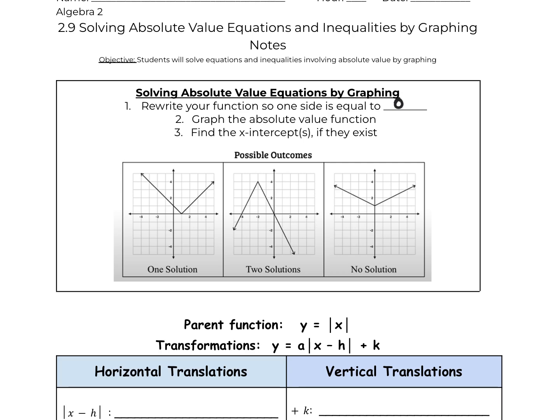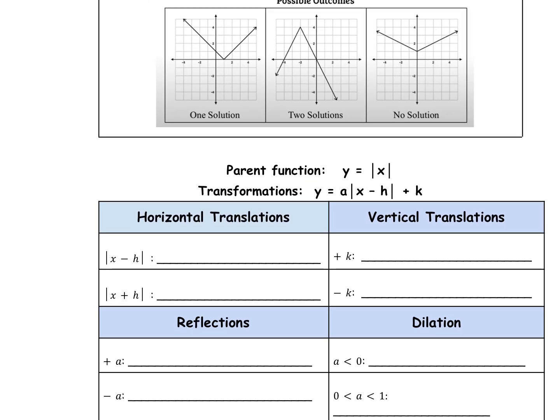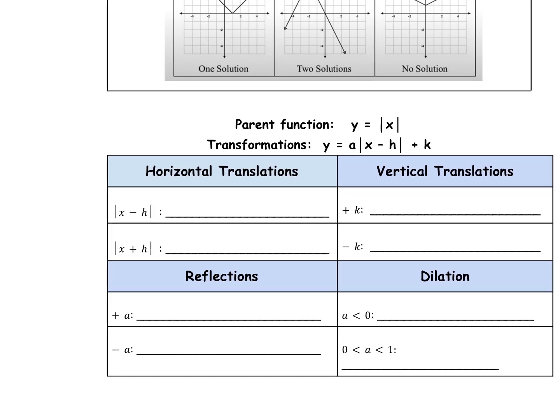Alright, so just a quick refresher from the last unit on graphing absolute value functions. Reminder of the different transformations. So we have our h and our k and our a. Just like always, remember h: if it's minus h, that moves to the right, a horizontal shift right h spaces, and if it's plus h, it shifts left h spaces, whatever h is.